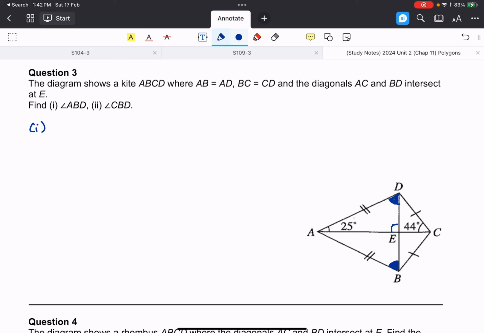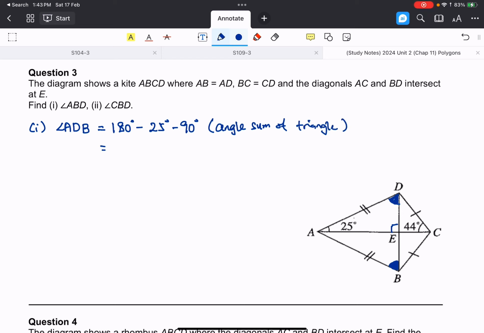Okay. So to begin finding ABD, we can find angle ADB. Angle ADB is 180 degrees minus 25 degrees minus 90 degrees, right? We know that's 90 degrees. Why? Because we learned earlier that the property of the kite is that the diagonals form 90 degrees. The reason here, of course, is angle sum of triangles, right?